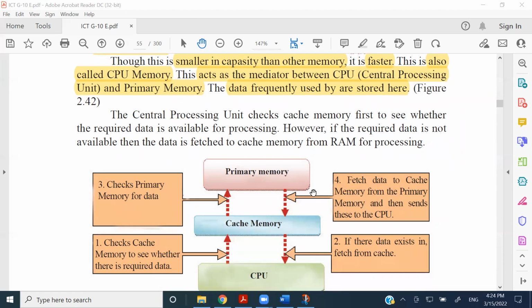So when you are done with writing, draw the diagram, people.